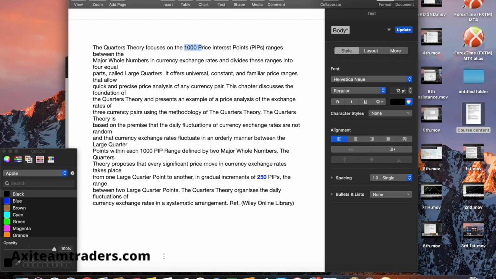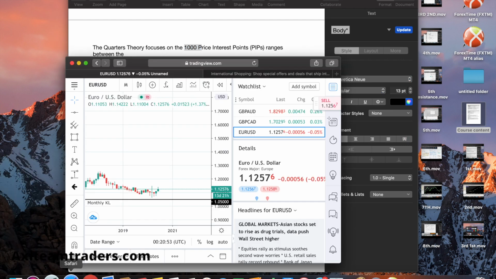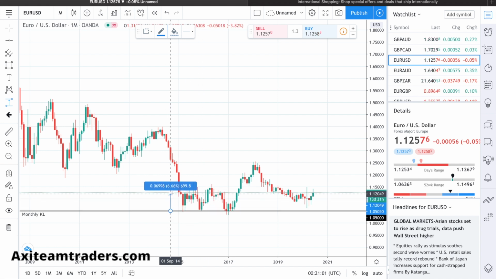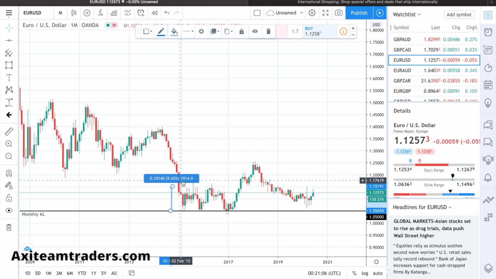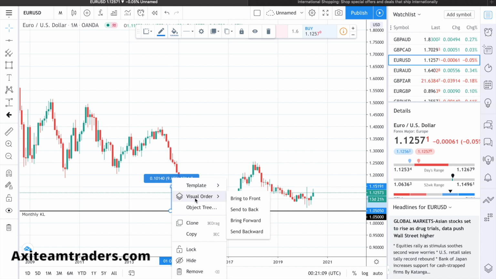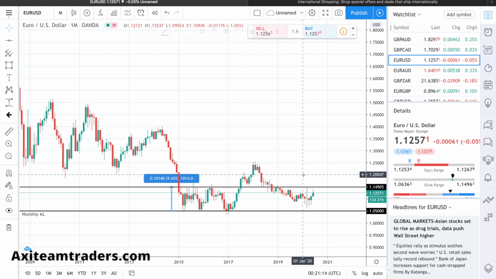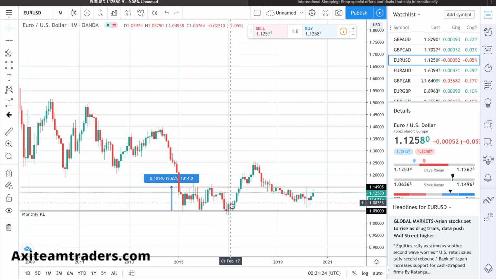Let's look for it. We're going to calculate the difference from this price to at least 1,000. Looking here, it's near 1,000. So what I usually do is draw a line here. You see, it was actually ranging between the strong monthly levels.